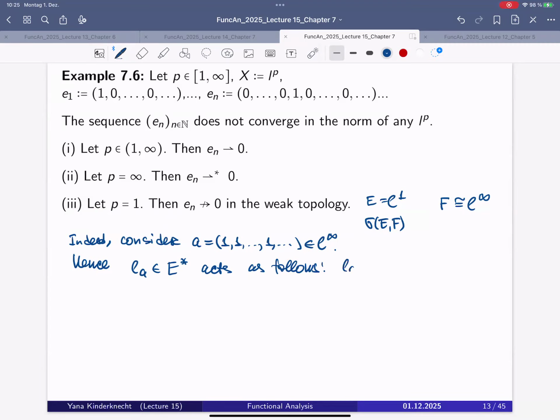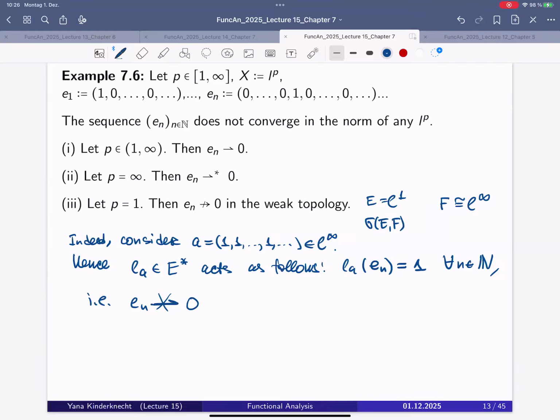L_a applied to En, you will get 1, and this is for any n in natural numbers. That is, En does not converge to 0 in the weak topology.